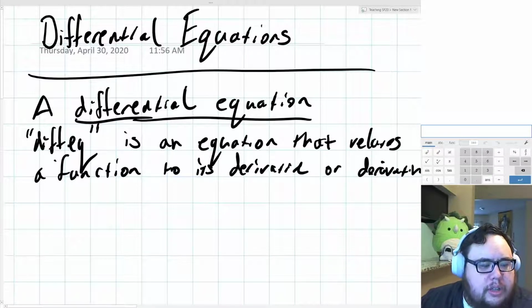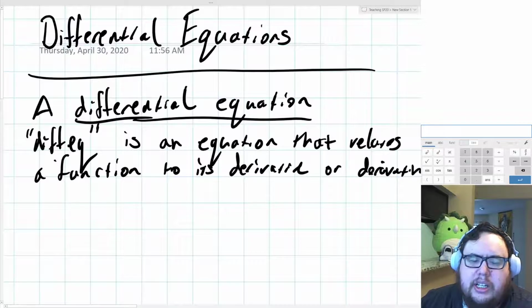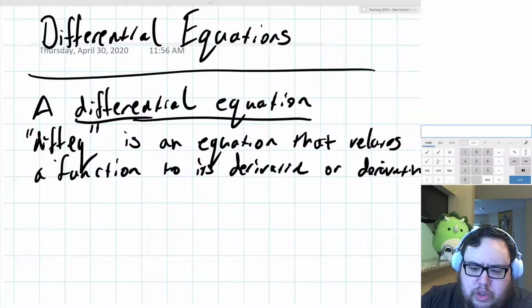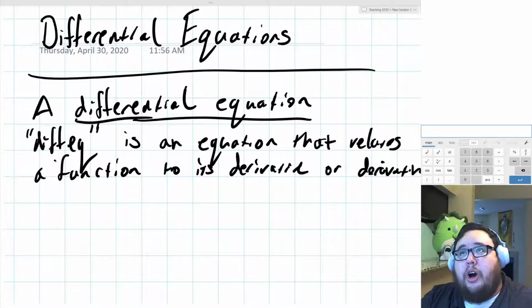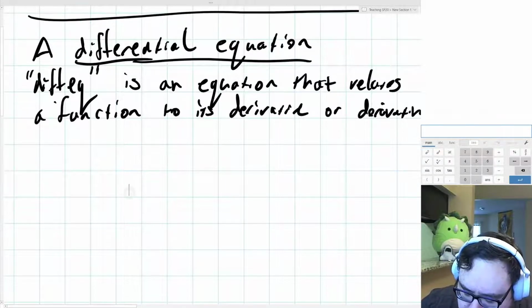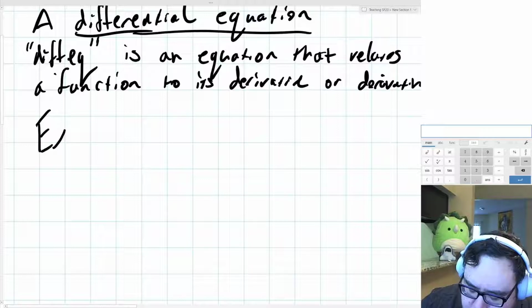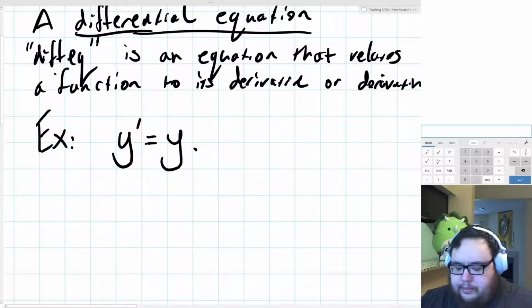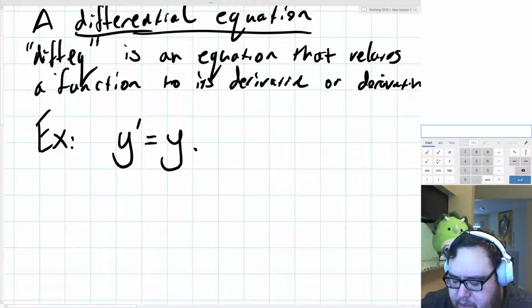In other words, you set up an equation that has some function and some function of that function's derivatives. For example, y prime is equal to y. All right, this is a very simple differential equation.